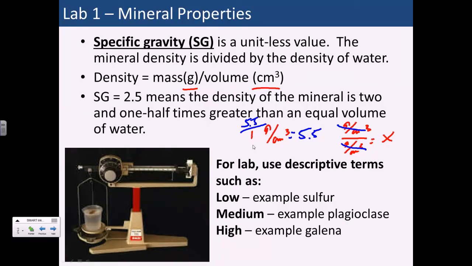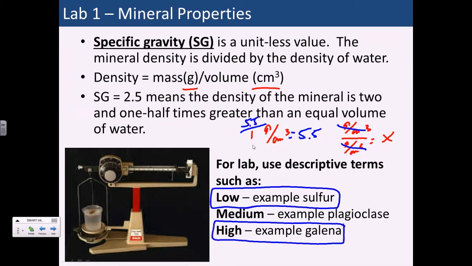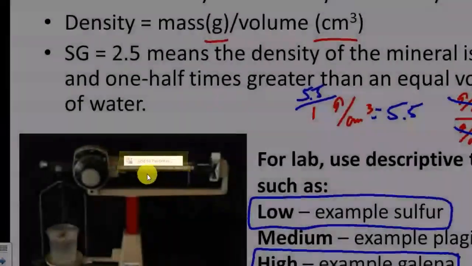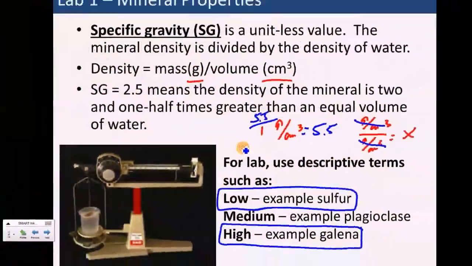Okay? You're gonna group minerals into either low specific gravity or high. We can measure them in a straightforward way using some tools, but for our purposes today, we're not going to do that. And if I back out of this, oops, there we go.